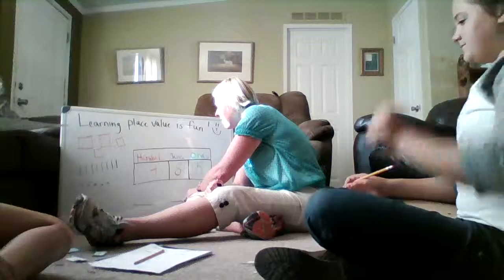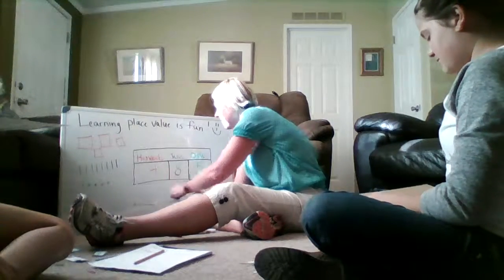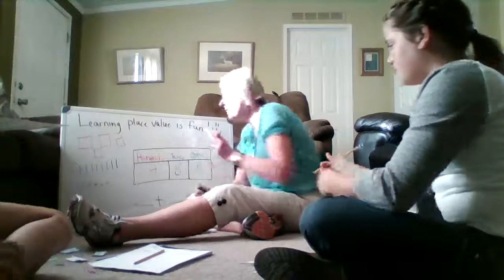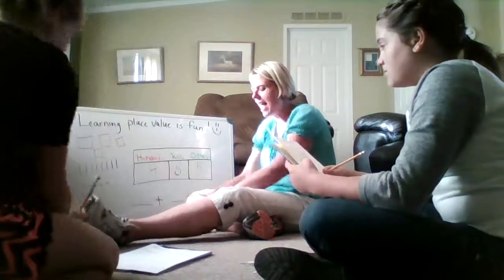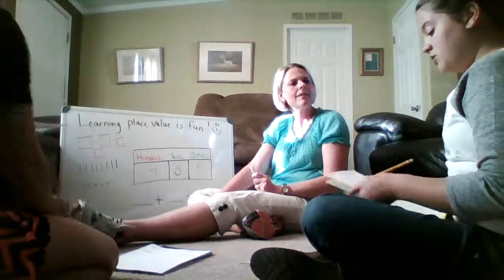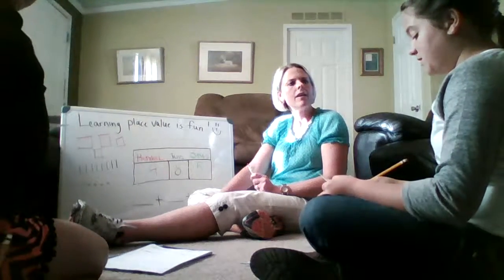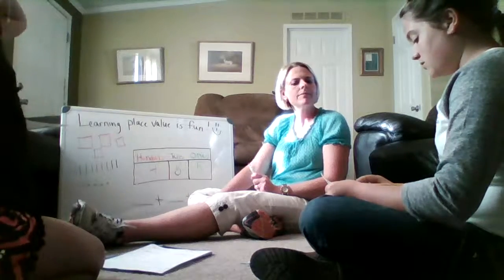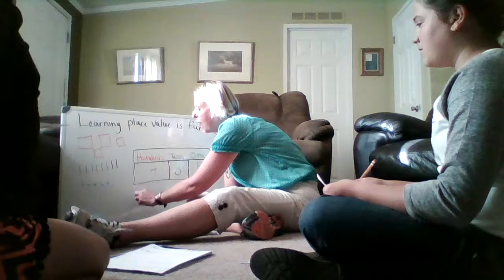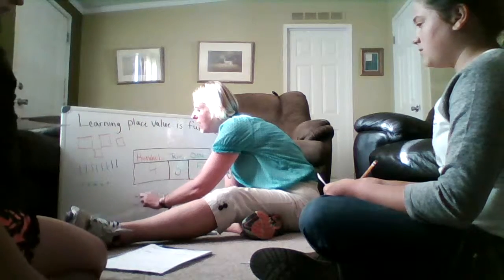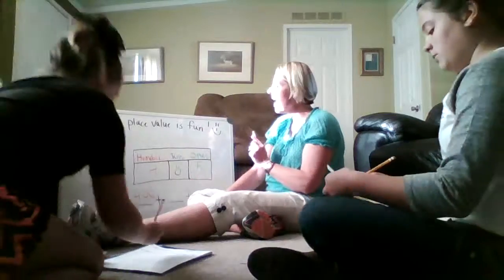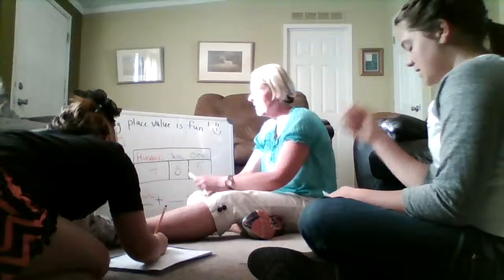Now, we can also write it in expanded form. Let's not forget our friend expanded form. You also have this on the bottom of your worksheet, right? So how would we write that? Don't we write it where we have the zeros where the other numbers go? Yes. So we would write this as 400. And then how do we write 8 tens?